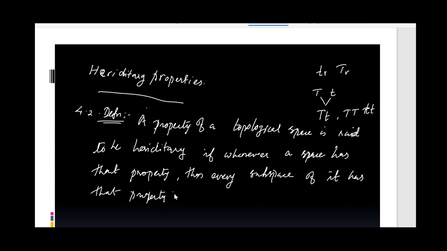That means a property of a topological space is said to be hereditary if whenever a space has that property, then every subspace of it has that property.